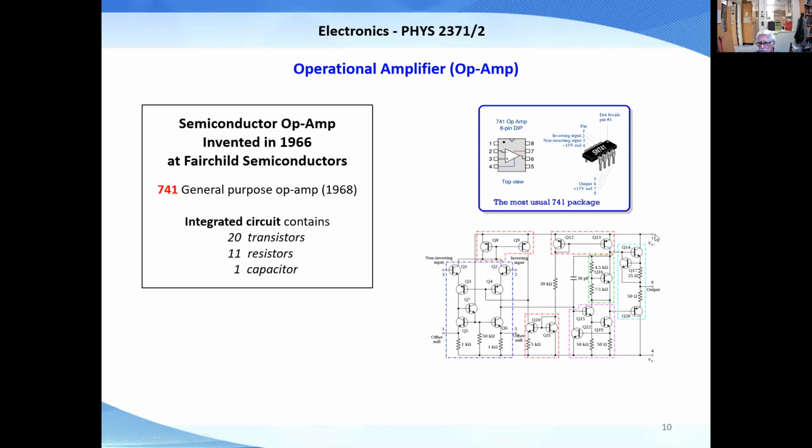This would be the positive side here, this would be the negative side here, and this is the output. So these are voltage dividers, right? You have some resistors and transistors, and they act like voltage dividers. This output can swing as high as plus V and as low as minus V. So it can swing in either direction, but it's just a voltage divider.